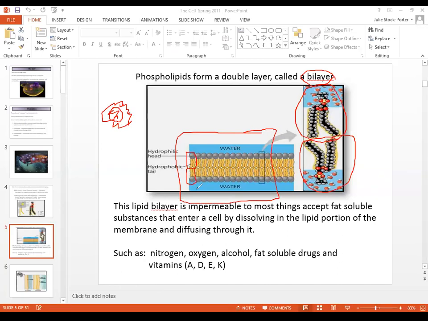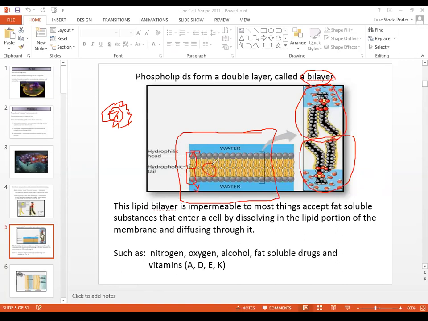Now, remember we talked about the head is polar and it's hydrophilic. It likes water. So notice that the head is always pointing at the water, whether it's pointing to the inside or the outside. And that's how it forms this bilayer. The tails go to the inside.